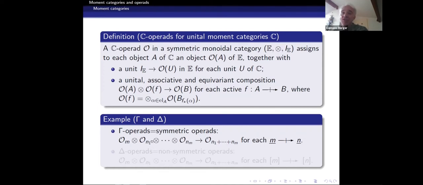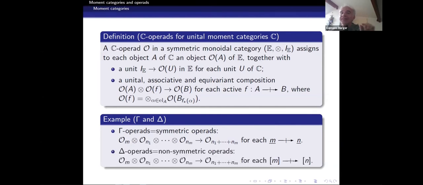And this partition is N1 until Nm, and you evaluate your operad at these subsets of N. And then you have an arrow into the value at the target. So this is precisely the data of an operad. And so the constraints are the usual ones. So this is for gamma.